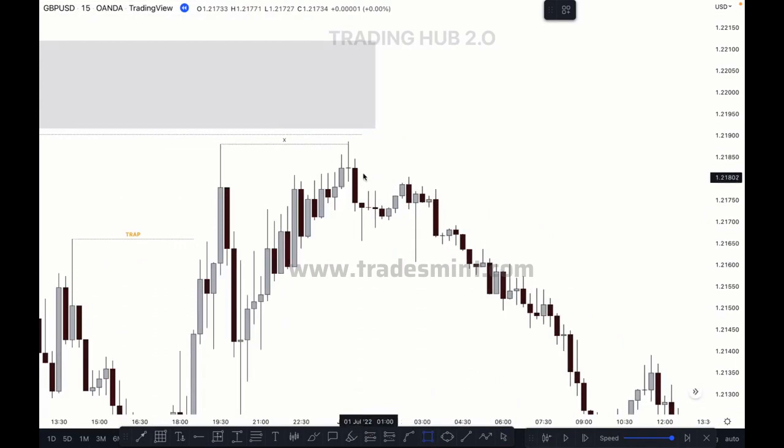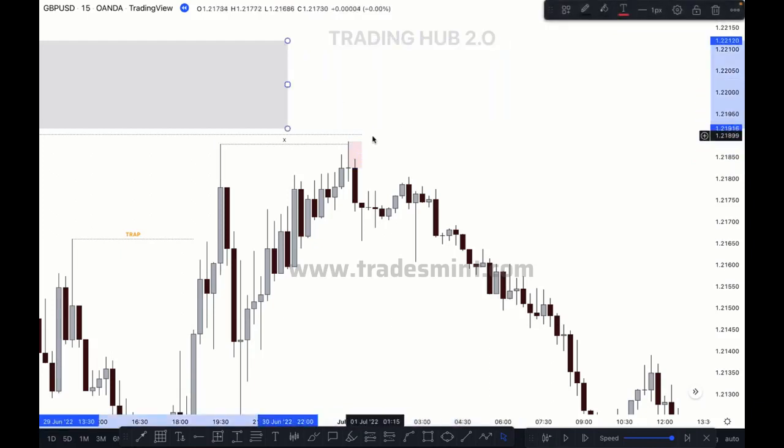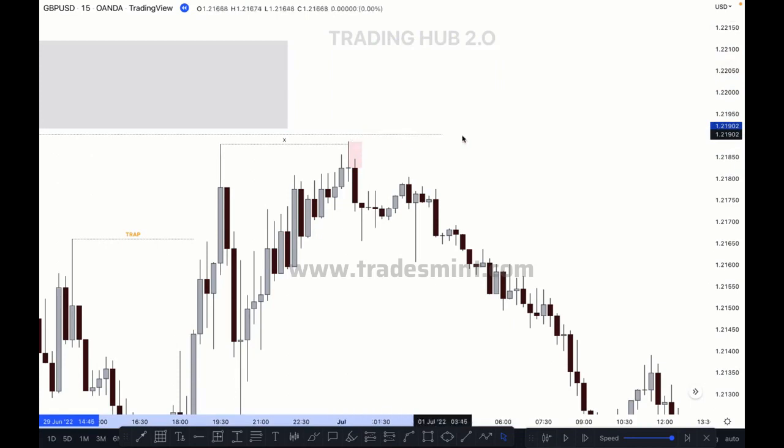Where can you sell? As I told you at the start, this big candle. In this zone you can sell, and this time you don't need to mitigate this supply zone, and you don't need to wait for this engineering liquidity to be taken out, correct?